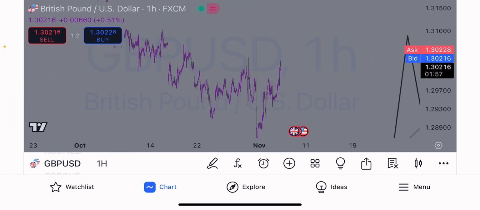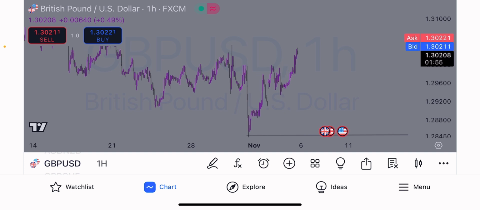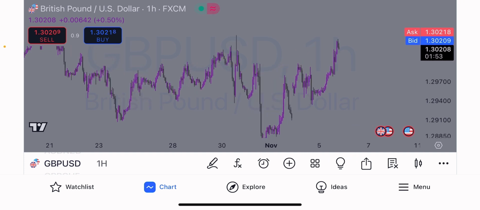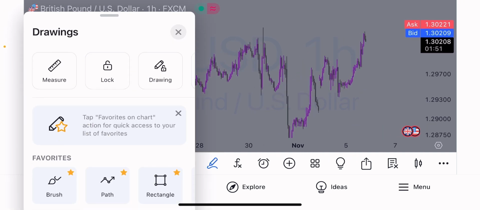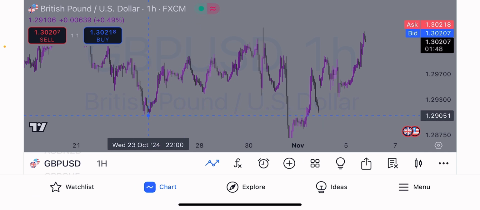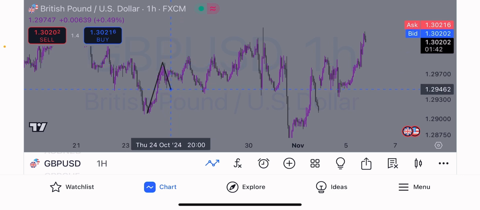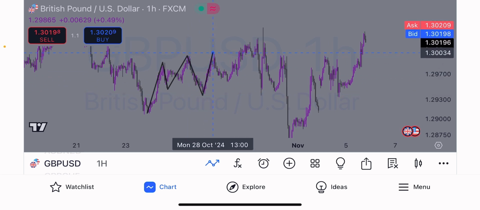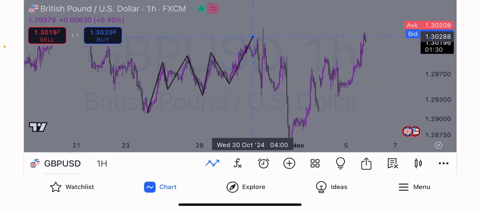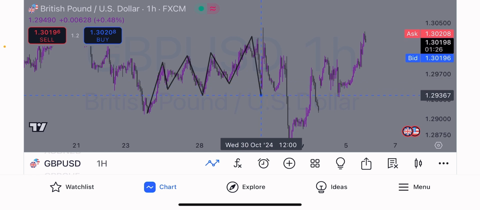Let's just get into the chart, right? And spot something for ourselves. Now, over here, you can see this low, higher low, higher high, higher low, higher high, higher low, higher high, higher high right here, higher low, higher high, right?